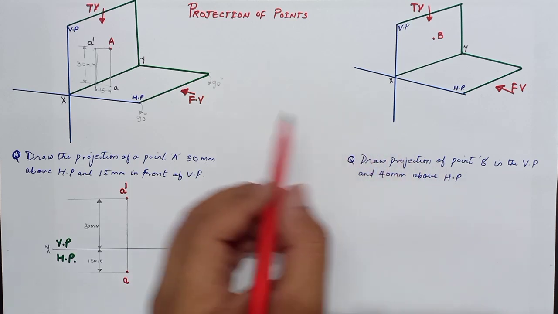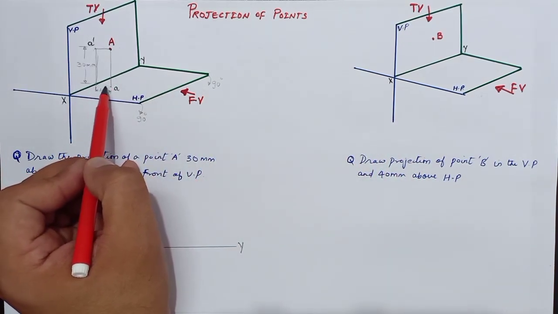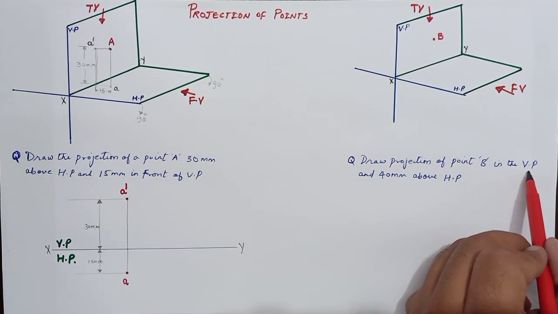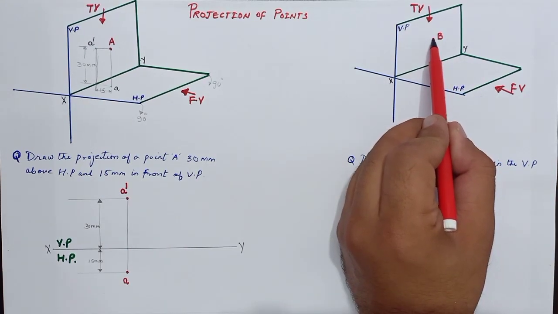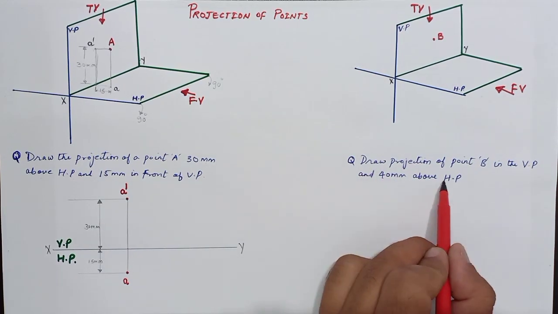As in the previous question, point A was 15 millimeter in front of VP. Here we don't have any distance with respect to the vertical plane. So point B will lie on the vertical plane and 40 millimeter above HP.